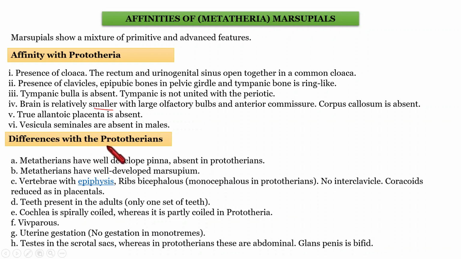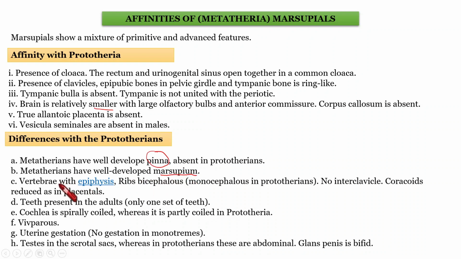Differences with the prototherians. These metatherians have well-developed pinna, but it is absent in prototheria. In the case of metatheria, well-developed pinna is present. And also metatherians have a well-developed marsupium that is absent in prototheria.